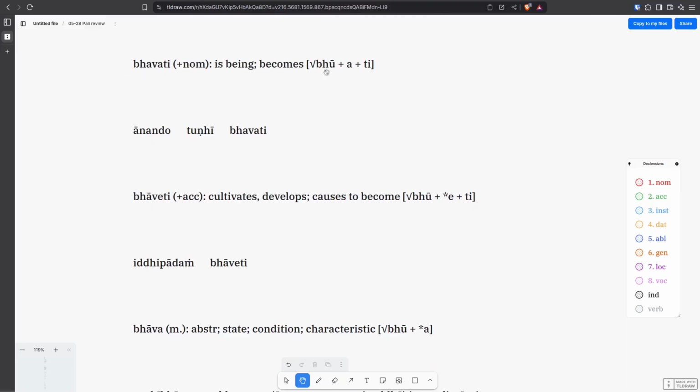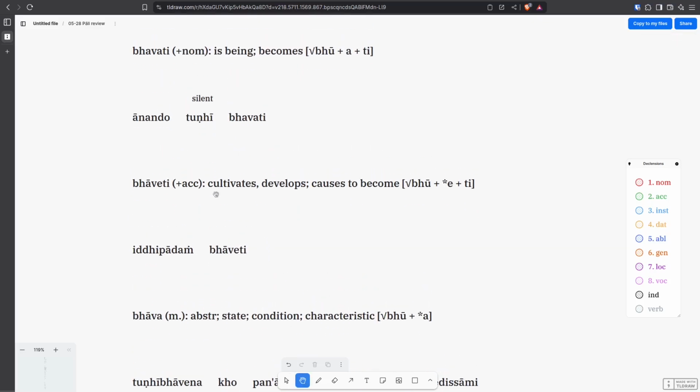You recognize the root is bu, and a common way to use this is, for example, here, Anando tunhi bhavati. Tunhi is silent. That just means the Venerable Ananda fell silent. He stopped talking, he fell silent. He became silent. He becomes silent.